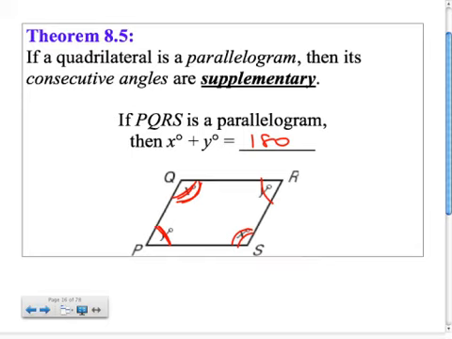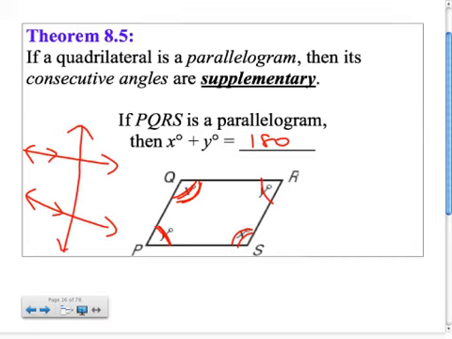Well, Mr. Cook, how do we know they're supplementary? If you think back, in first semester we had parallel lines that were cut by a transversal, and there was a unique relationship between consecutive interior angles. Specifically, same side interior or consecutive interior angles are supplementary. Well, that's exactly what we're looking at in a parallelogram.